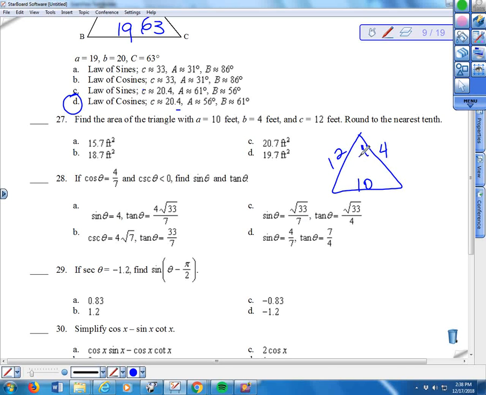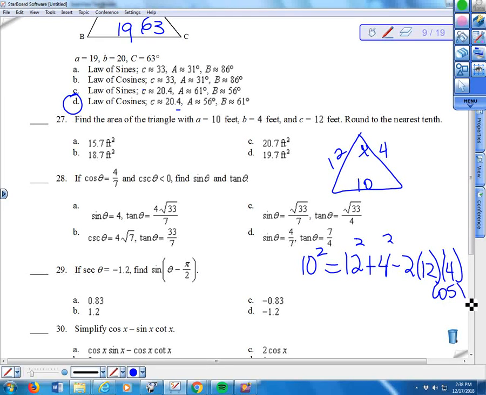So I would say 10 squared equals 12 squared plus 4 squared minus 2 times 12 times 4 cosine x.